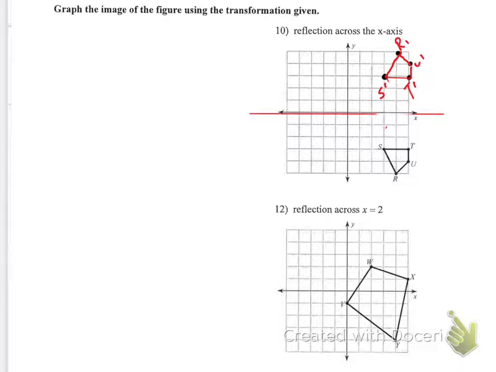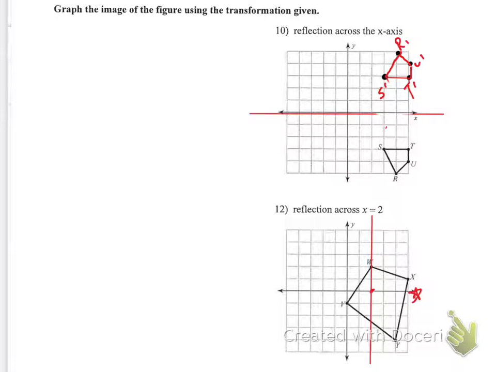All right, so then reflection across X is equal to 2. So the X-axis is obviously right here. So I would need to go to 2, which is right here. And what I'm going to do is draw a line up and down, because that's what X equals. Okay?